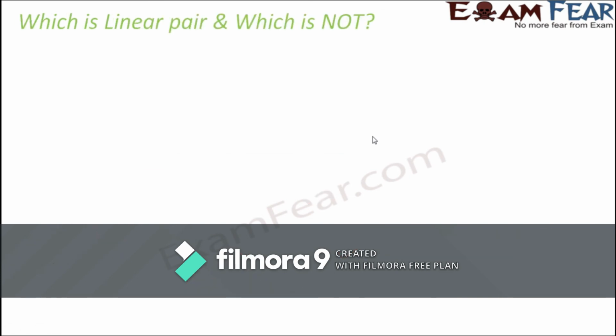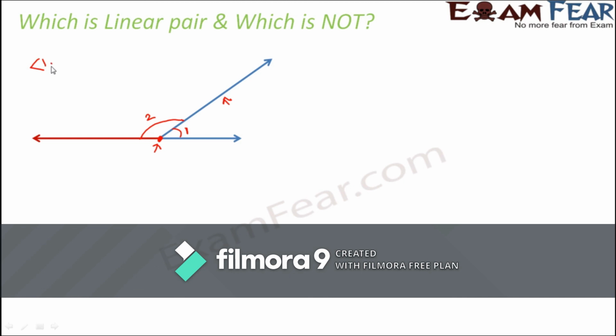Now let us look at some examples and check which is a linear pair and which is not. Let us look at the first one. Do you think this is a linear pair? This angle, let's call it angle 1, and let us call the other angle, angle 2. Yes, because they are adjacent: they have a common vertex, a common arm, and no common interior points.